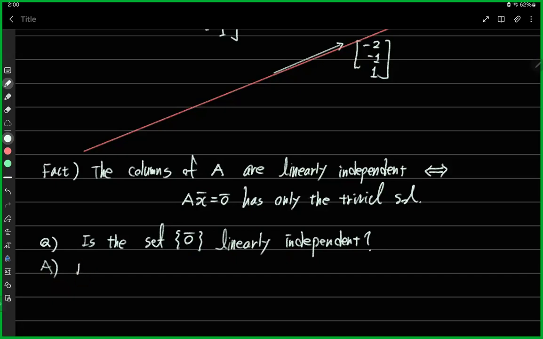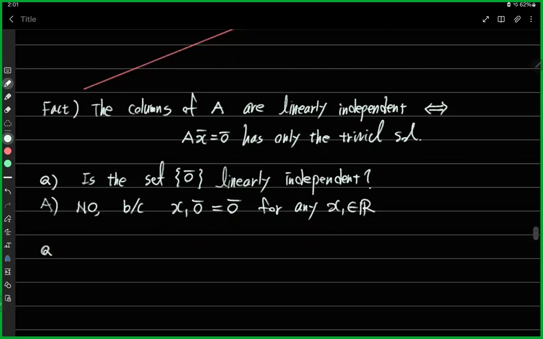Why? For example, because x1 times the 0 vector equals 0, and x1 can be any number. So it is linearly dependent, sorry. For any x1 in R.